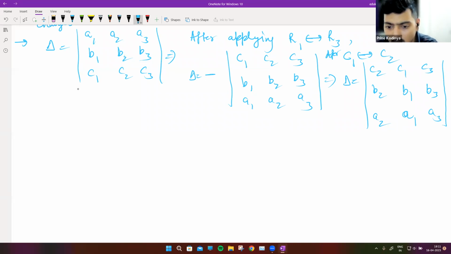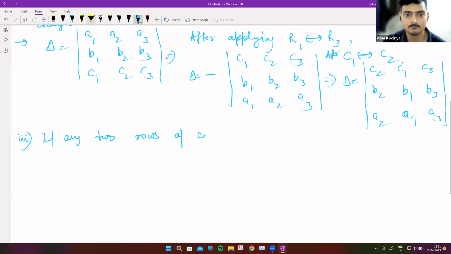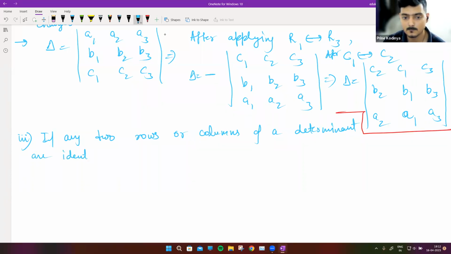Then the third rule, very easy. If any two rows or columns of a determinant are identical, then the value of the determinant becomes 0.